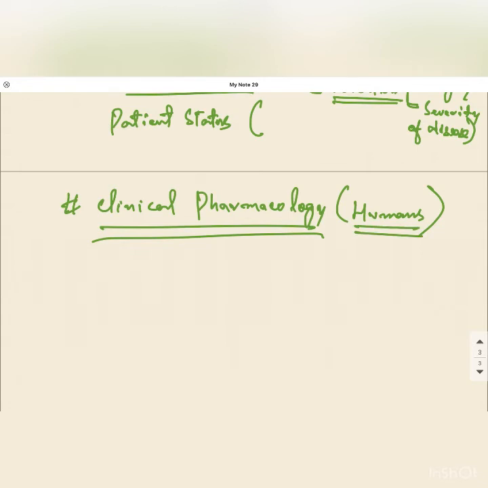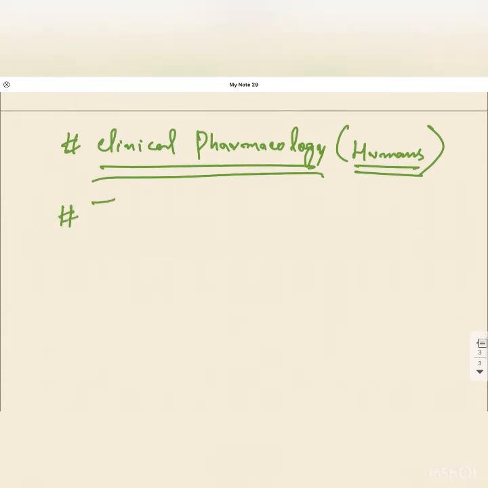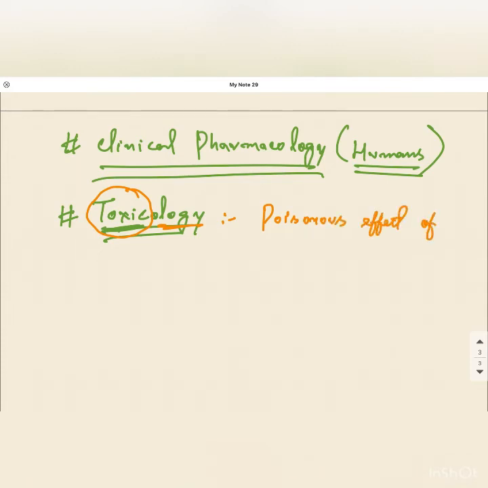Okay, and there are other terms. Another branch of pharmacology is toxicology. Very important, it's a separate branch. As we see in the term toxic, we know logy means to learn, to study. So what we study here is the poisonous effect of drugs or other chemicals, not just the drugs.